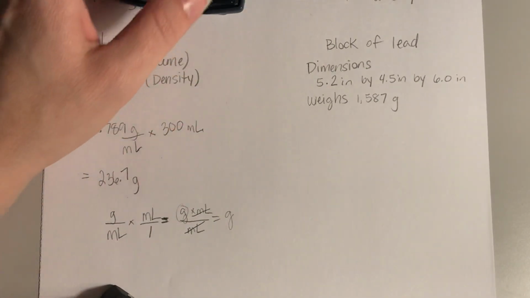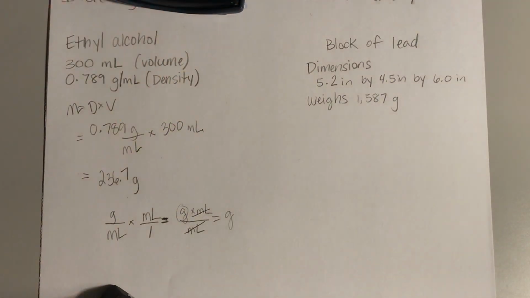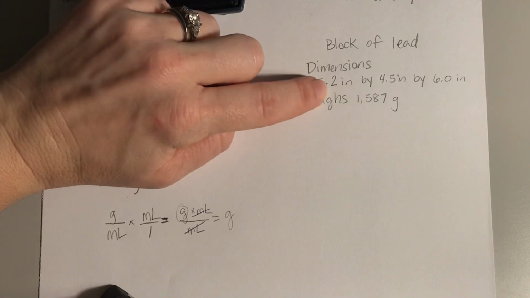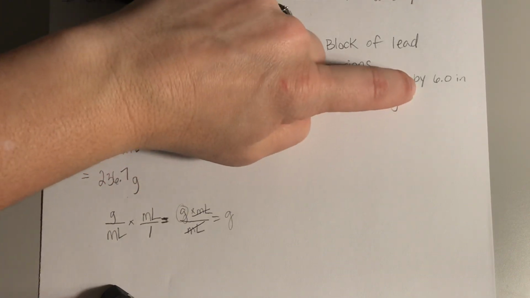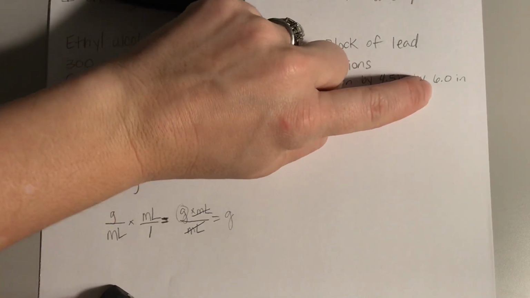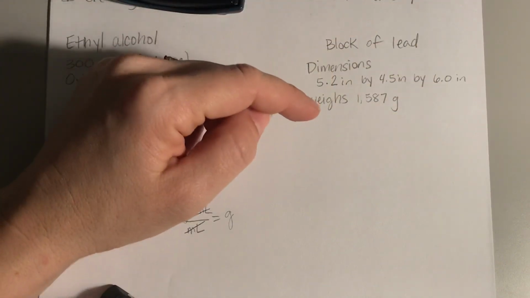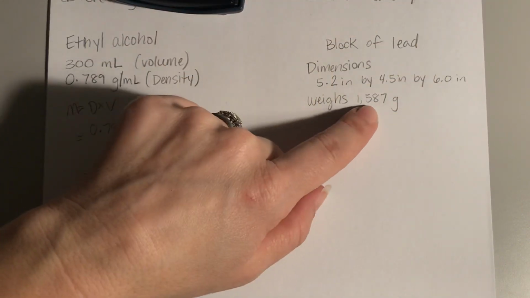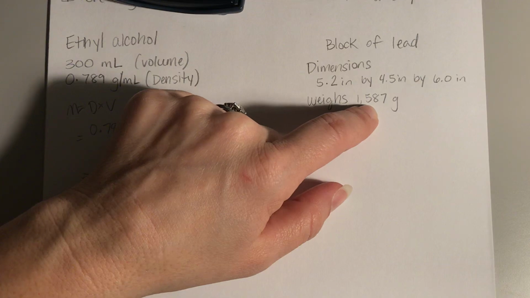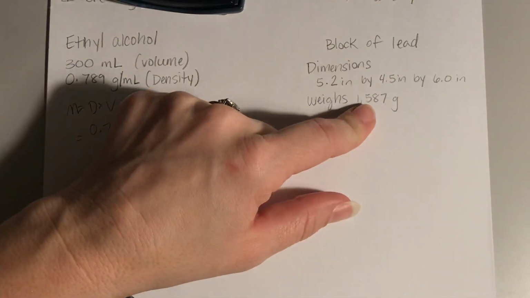Okay, the next question. If a certain block of lead has dimensions of a 5.2 inch by 4.5 inch by 6.0 inch rectangular prism and weighs 1,587 grams, then determine the density of that block of lead.